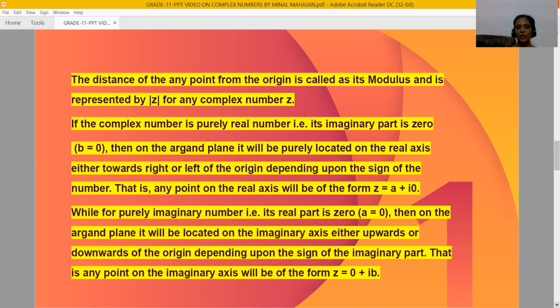That is, any point on the imaginary axis will be of the form z is equal to 0 plus ib.